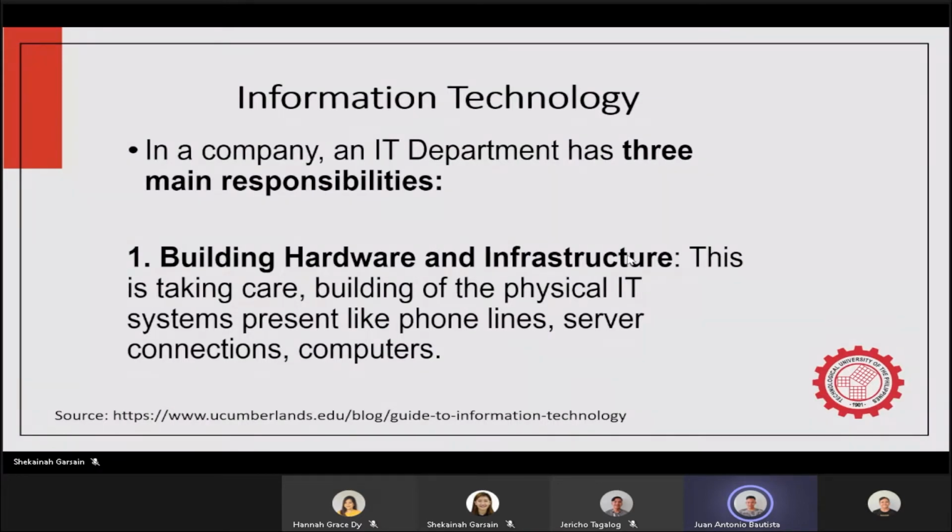They have the prior knowledge when it comes to information technology, not only hardware but also software. The IT department is responsible for building these systems for the requirements of the company. Samples of these are phone lines, server connections, and especially the computers they need to calculate and program their processes.